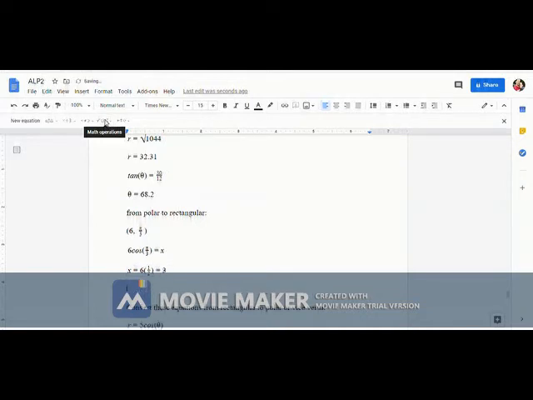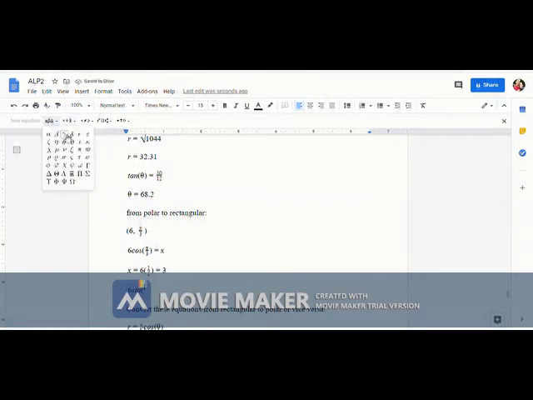Now we can do the same for y, but we just have to switch cosine over to sine theta. So 6 sine of pi over 3 equals y.